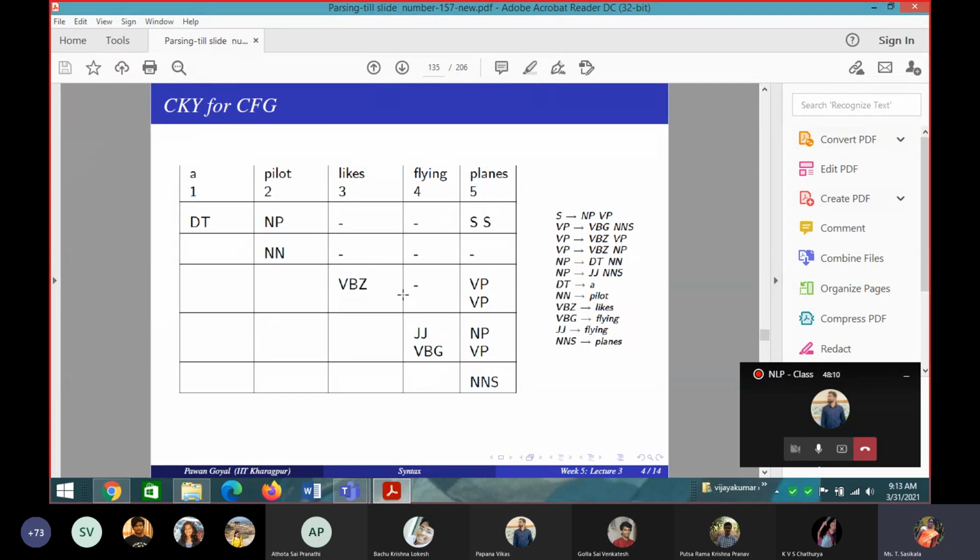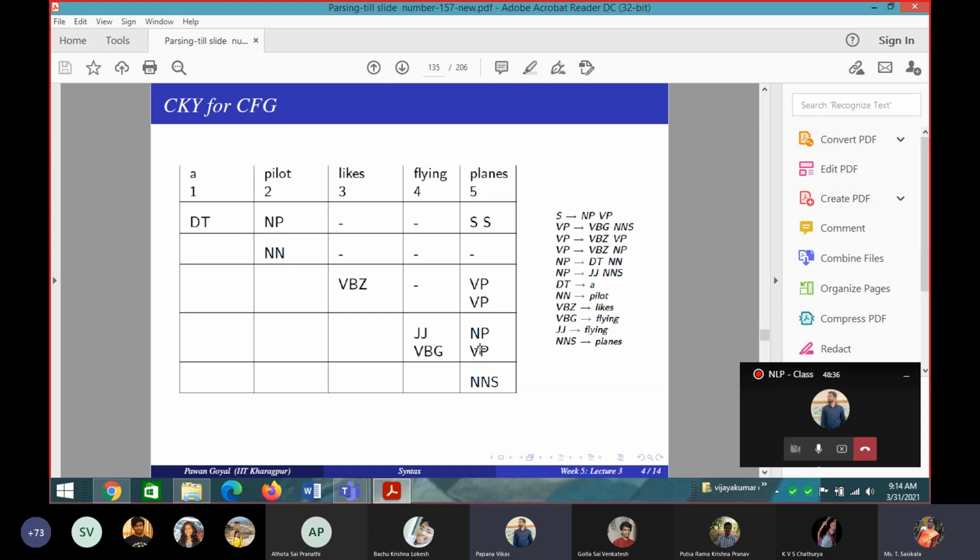Is there any rule for VBZ followed by JJ? No. Any rule for VBZ followed by VBG? No rule. So I have a dash.